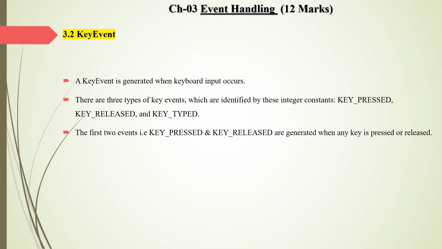So when you press any key on the keyboard, key pressed is generated, and when the key is released, key released is used. And the last event, key typed, occurs only when a character is generated. So remember one thing, not all keys on the keyboard generate characters. When you press a key and a character is typed on screen, that is called key typed.